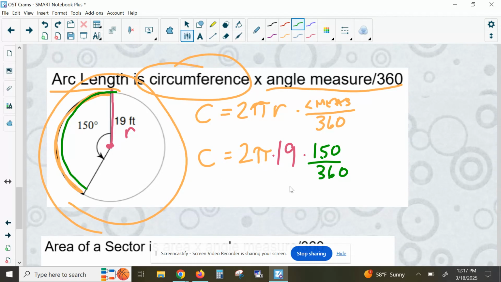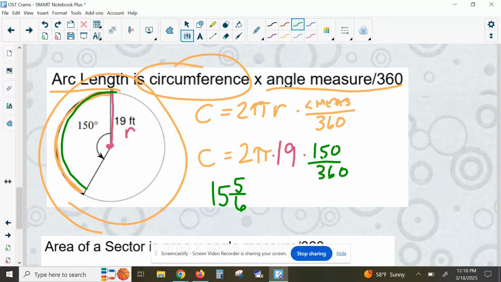So in your calculator, do this with me: 2 times the 19 times, remember, you got to do 150, use the ABC button, 360 equals. So I've got 15 and 5/6. So far I've got 15 and 5/6.